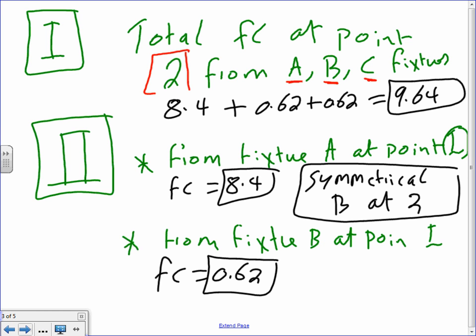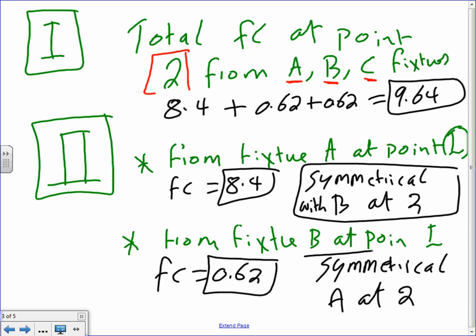And this will also be symmetrical with A at 2. If you look at the triangles, symmetrical. So these are done for you.